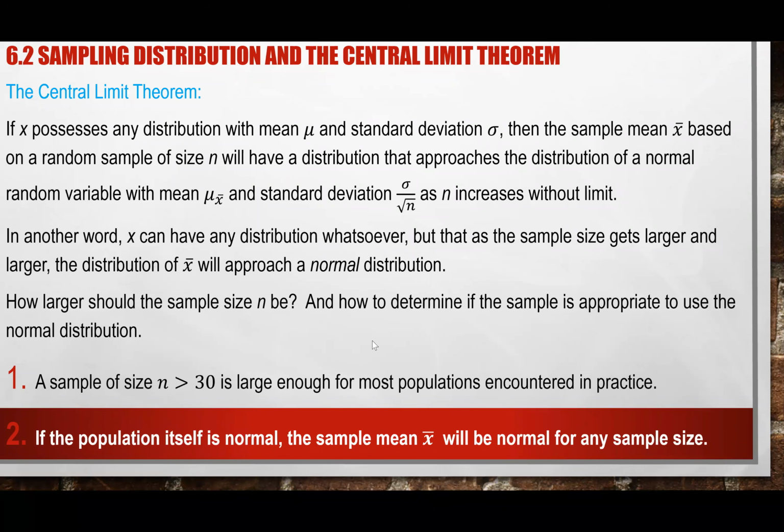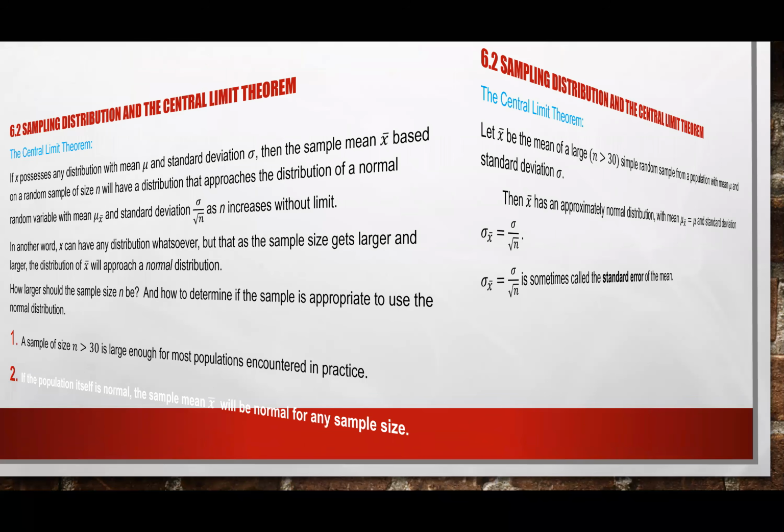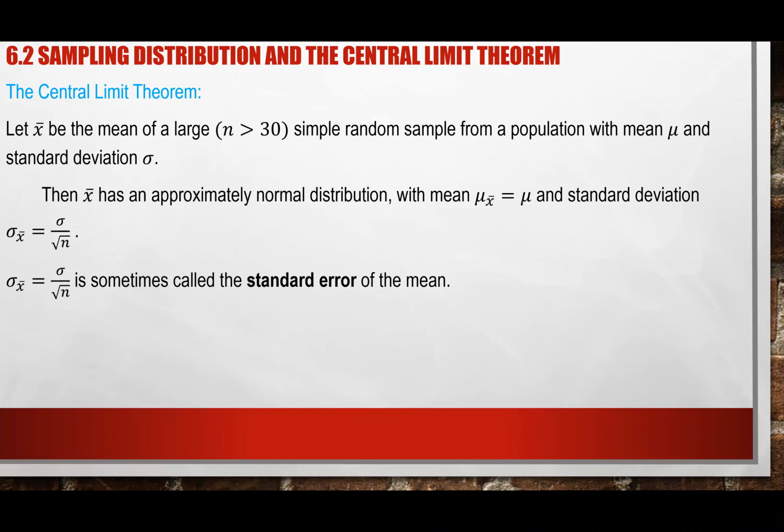And the other thing that we have is the sample standard deviation, which sometime later on you will hear me call the standard error of the mean. The standard error is just a new word. It basically tells you to take the population standard deviation divided by the square root of n.